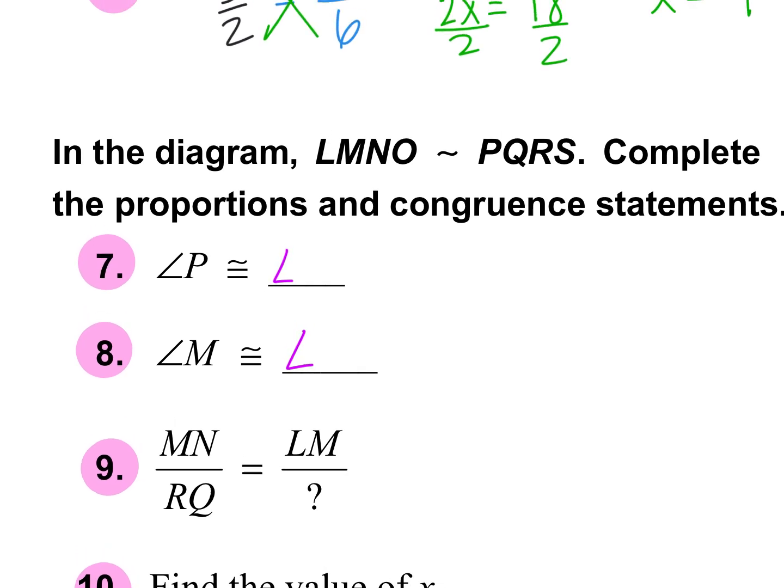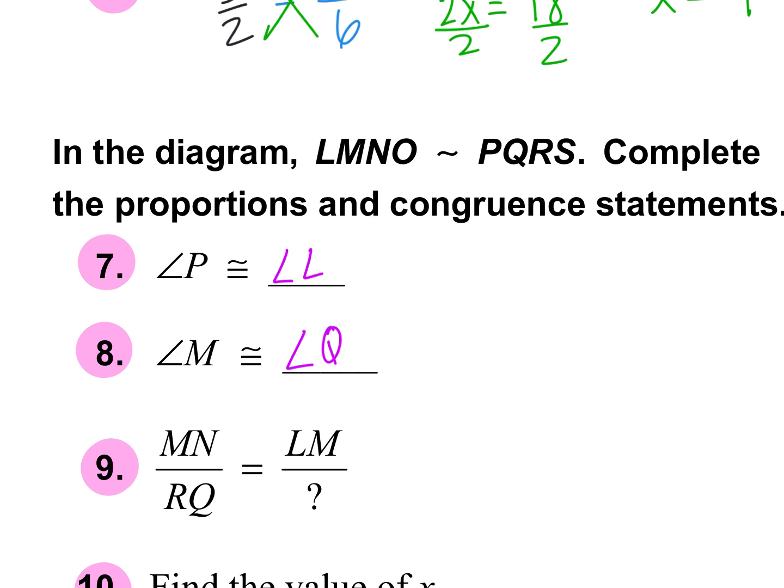So looking at it, angle P is congruent to which angle? L, because look, it's in the same position. All right, looking at the next one. Angle M, so here's angle M, is congruent to which angle? Q, good. Okay, please make sure you understand how to find those because you will have angles on there.